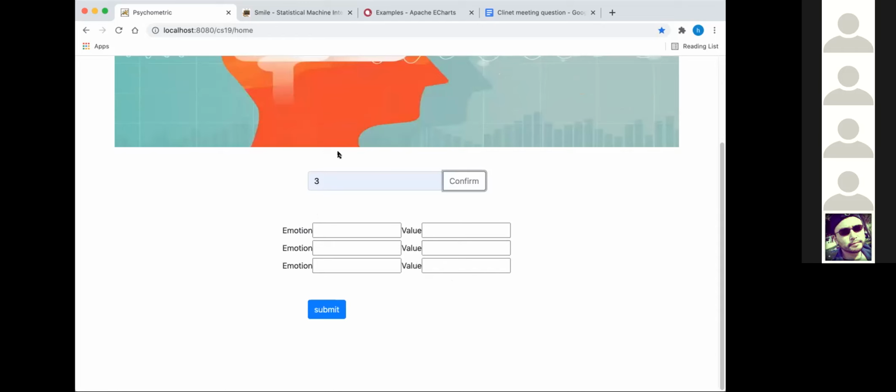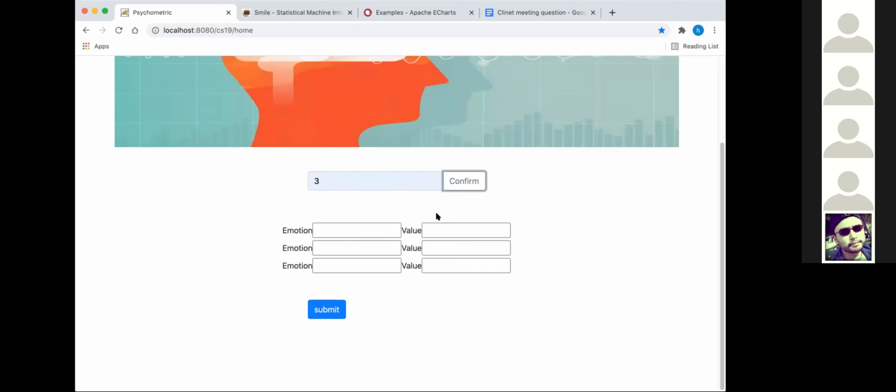So if you can turn this page into the data collection web page, how should we do it? Creating a number of emotions, for example, that the user doesn't define; someone who wants to collect data defines.